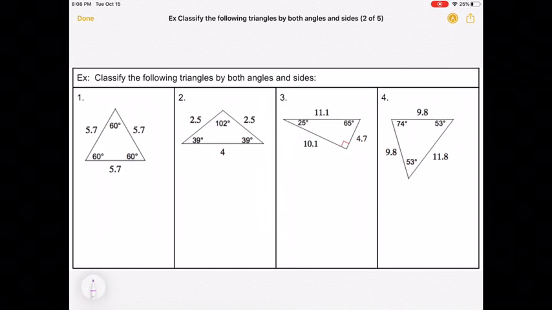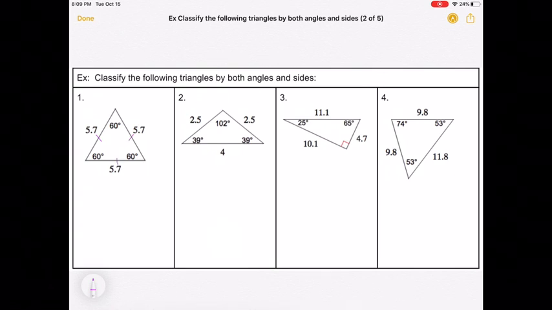All right, moving on now to actually how that looks when you're going to do it. So if you're given a triangle, you want to look at the information they give you, and then I'm going to classify it by the angles and by the sides. So we should have 2 answers on each of these. So for number 1, okay, all the sides are 5.7, so that's congruent there.